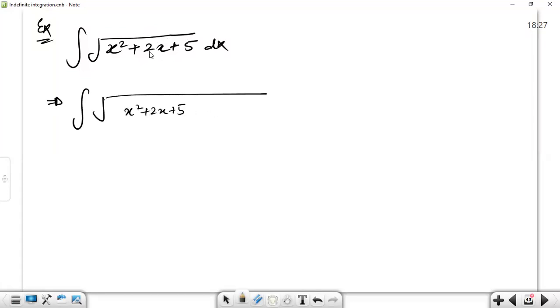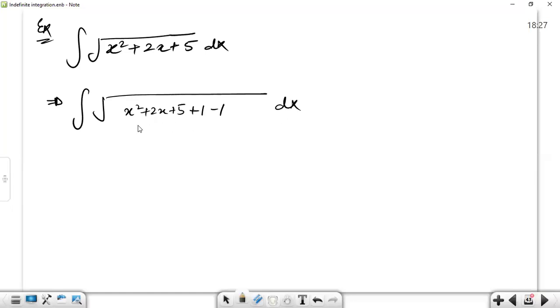We will take the coefficient of x, half it, that is 1, and we will square it. The square of 1 is 1 itself, and we will add and subtract it so that it has a nullifying effect on our function.